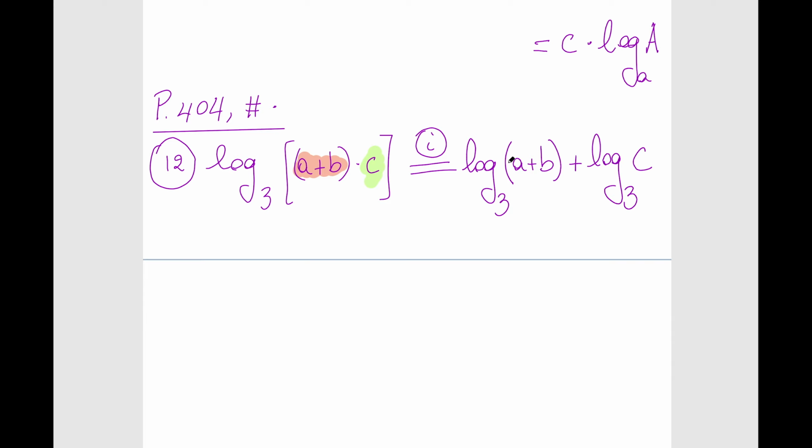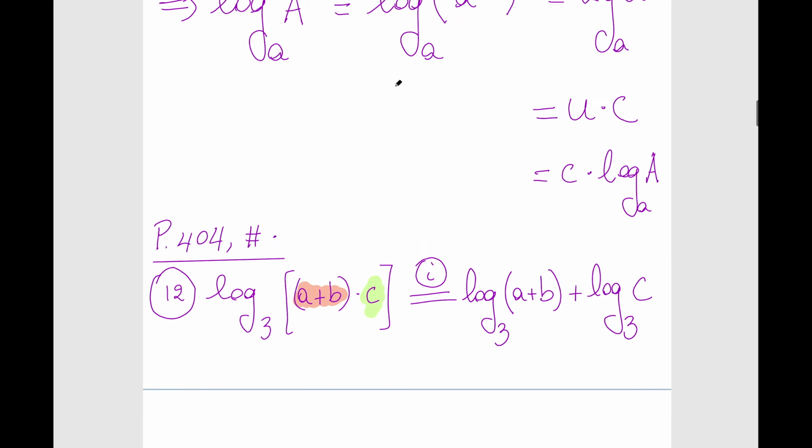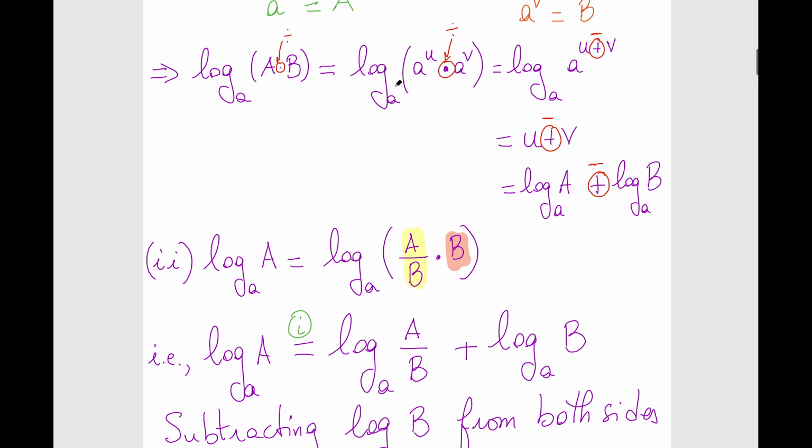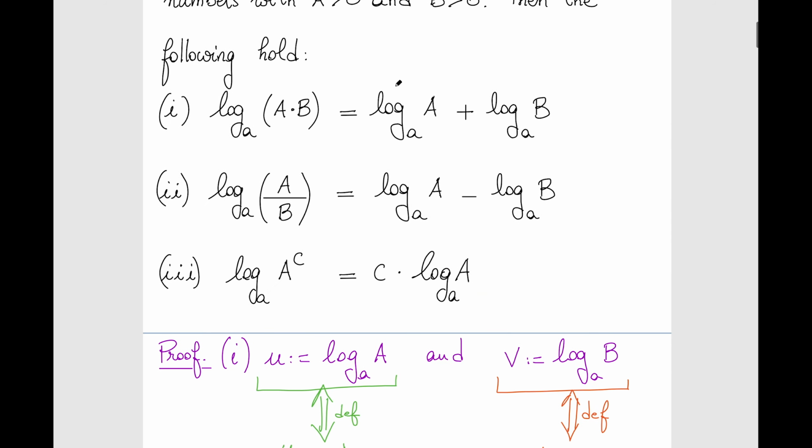Okay. And can we do anything else? Well, this is a log of a sum. Let's go to the list of properties we have. Do you see anywhere log of a sum? The only place I see a sum is here, but this is not the log of a sum. This is a sum of logs.